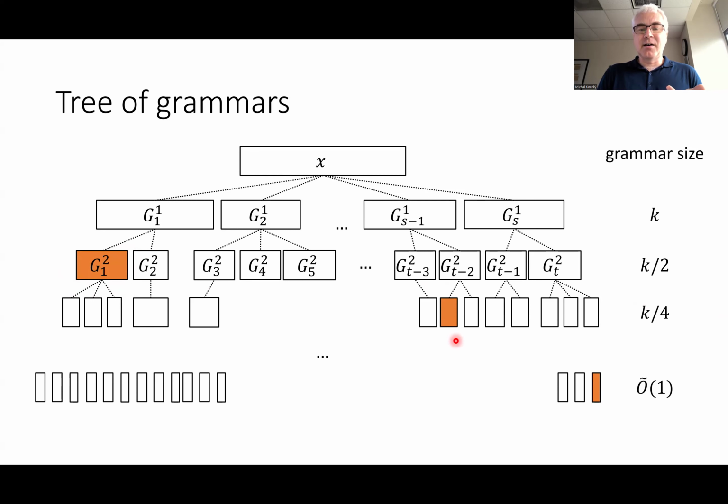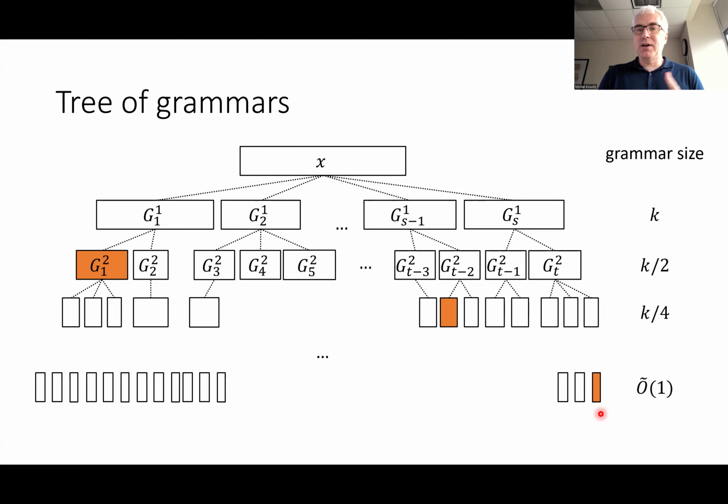Then there is this other block, which is a child of GT minus 2, and there are going to be k over 4 edit operations hidden there. And there is another grammar which has even fewer operations, so it's going to be really tiny, and we recover it as a tiny grammar.